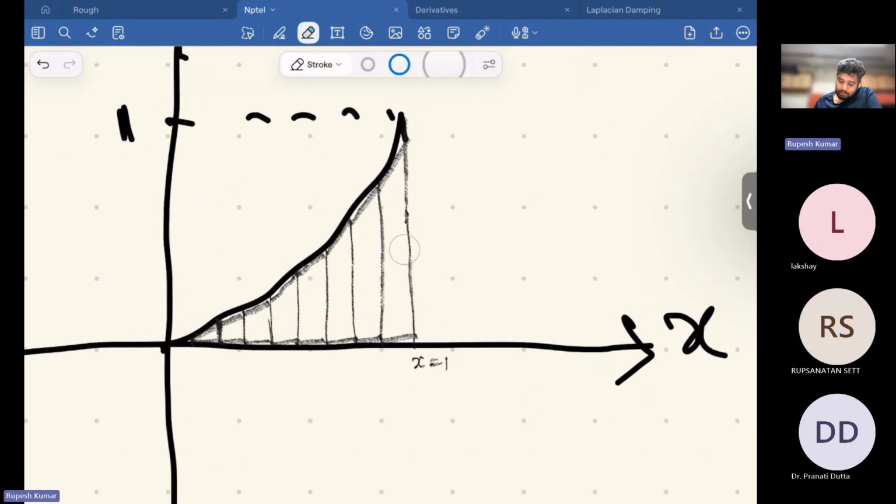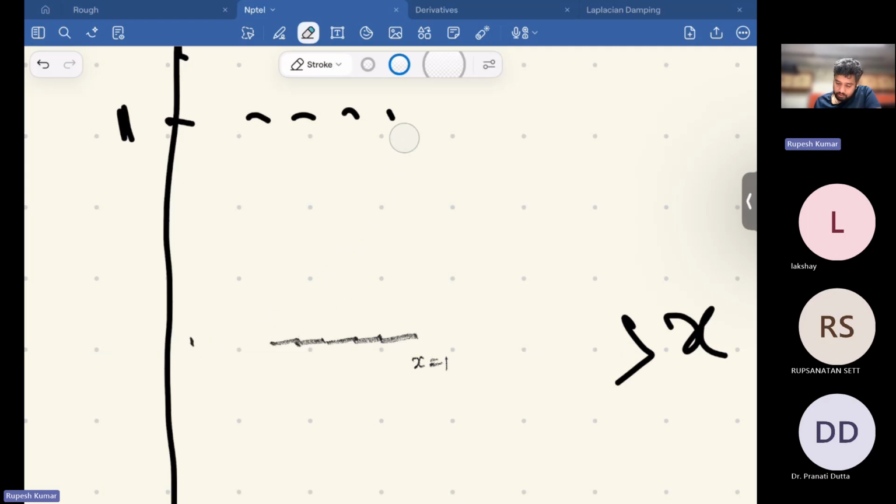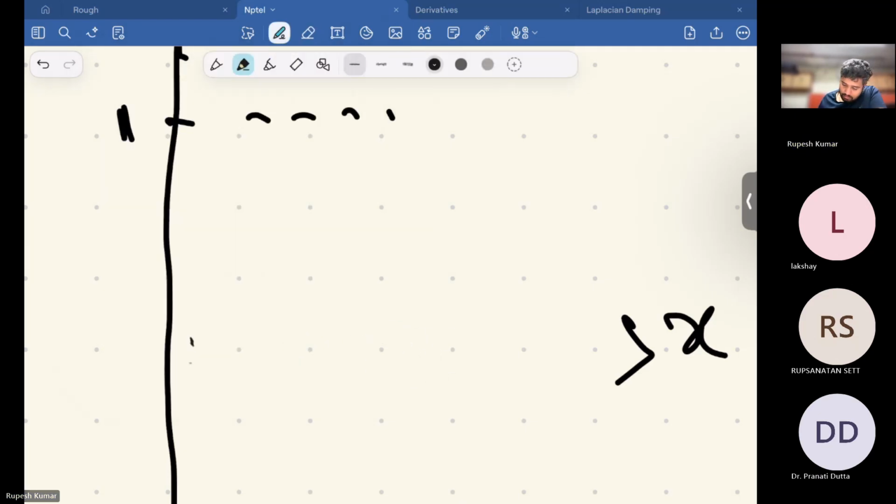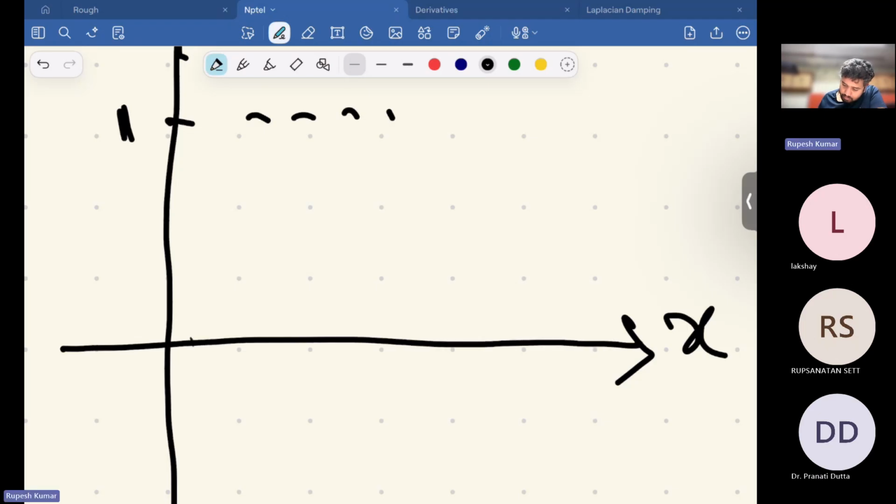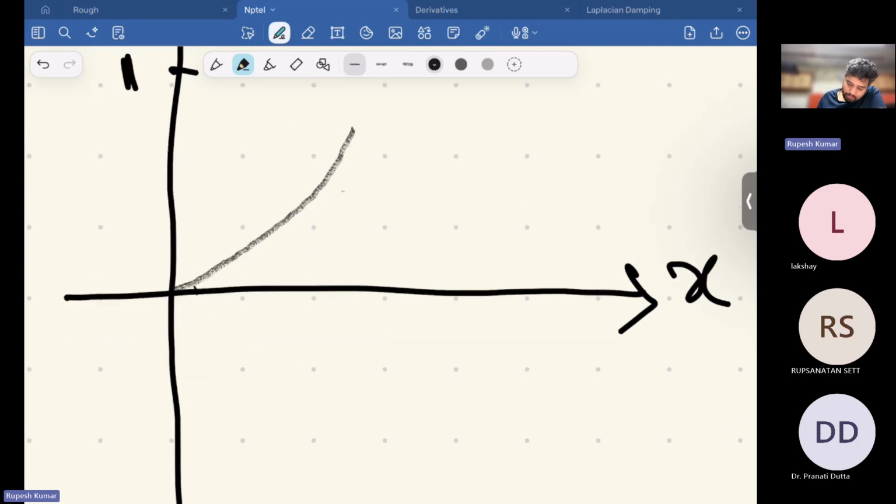So more precisely, to show a better reasoning for this, let's say this was our curve, right?